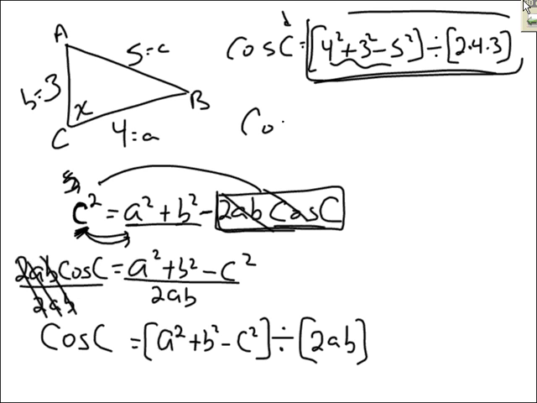So cosine of c equals, okay, it's 4 squared plus 3 squared minus 5 squared.